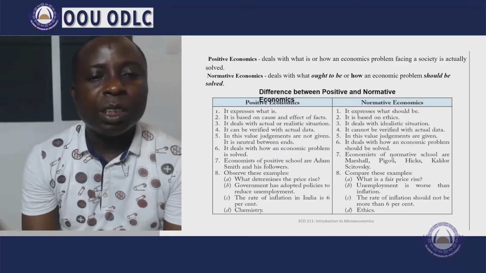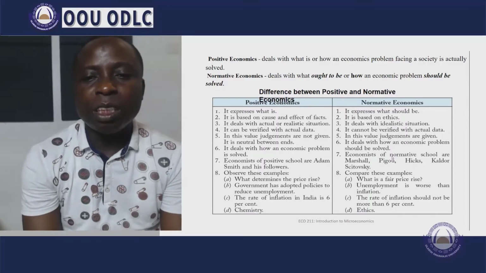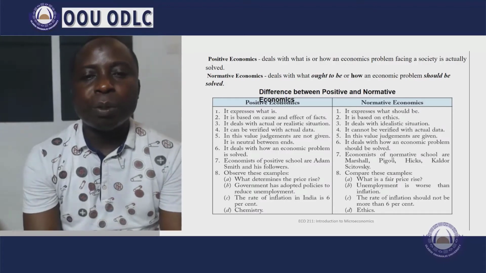Positive economics deals with how an economic problem is solved, while normative economics deals with how an economic problem should be solved.